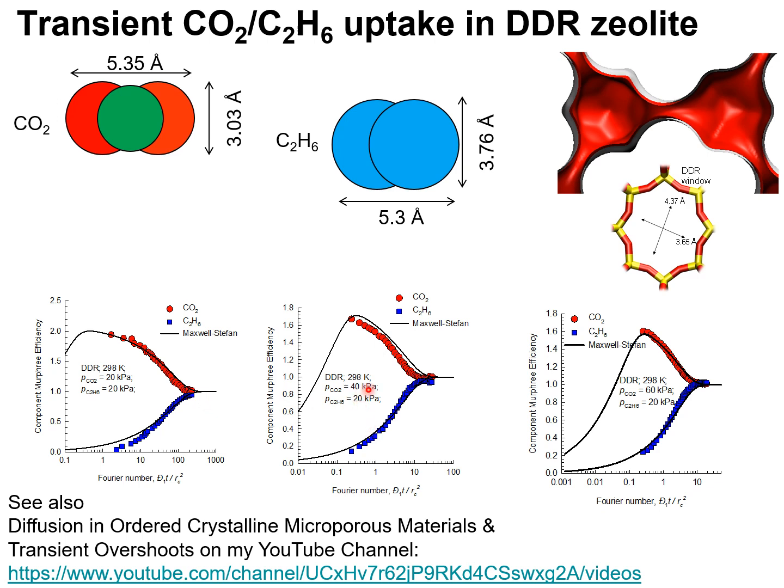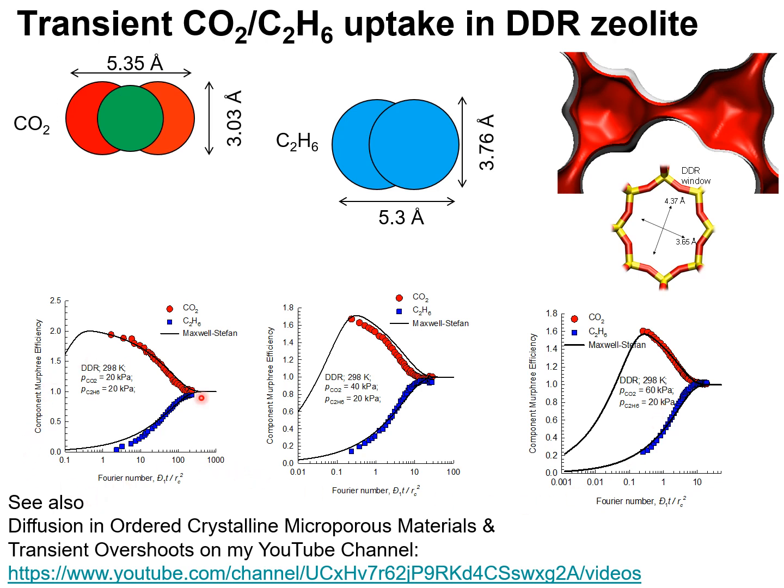Here we have 40 kilopascal of CO2 in the bulk vapor phase, 20 kilopascal of ethane in the vapor phase. Here we have partial pressure of 60 kilopascal of carbon dioxide in the vapor phase and 20 kilopascal of ethane in the vapor phase.